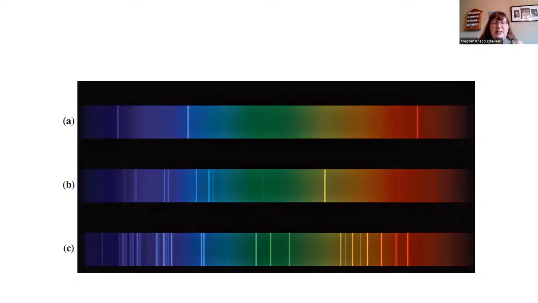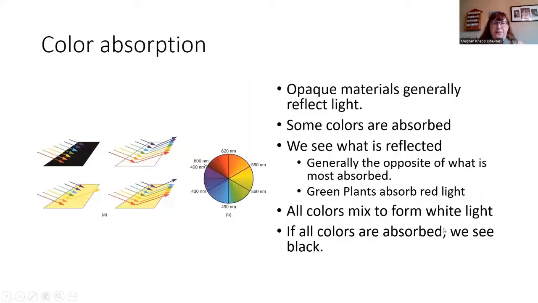So you can see that at the top, this element only emits a handful. I believe that's hydrogen. And then as we go towards the bottom, we have different numbers of lines, and that's not always in a regular pattern. B, I believe, is sodium. We have a strong yellow line here. So sodium tends to give a yellow color. And then the bottom one is going to give a range of colors.